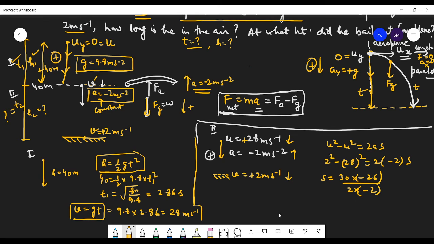So this minus minus will cancel out. And this 2, it will be 15, and this 2, it will be 13. So 15 into 13, it will be 195. Am I right? 150 plus 45. 195 meters, students. Yes, sir. 195. So that's your H2, right?